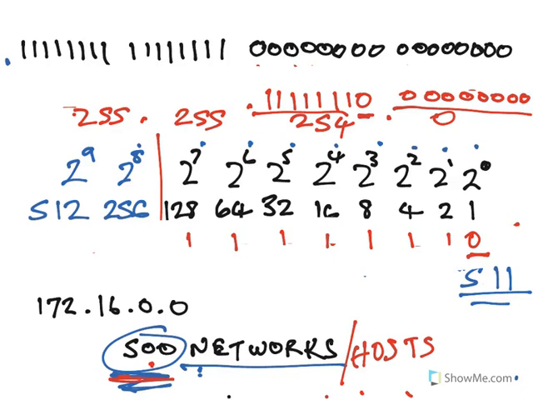And that's it. So your subnet mask there becomes 255.255.254.0.